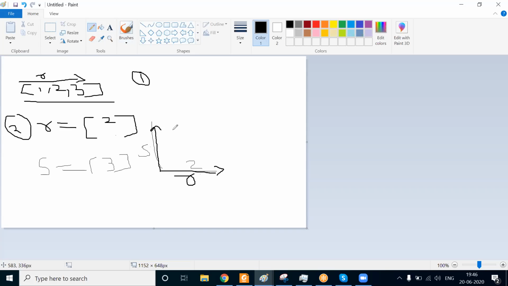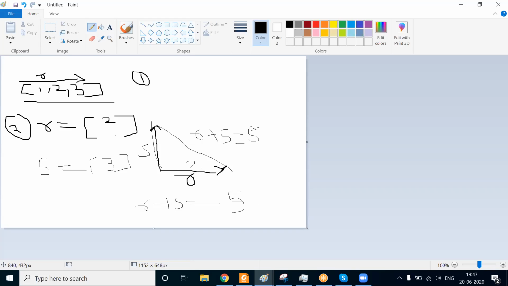R and s, if I do the summation of both, it will be r plus s. So s is 3, so what will be r plus s? Sorry, 2 plus 3 is 5, so it will be 5, correct? So this is equal to 5. So this vector is nothing but r plus s.